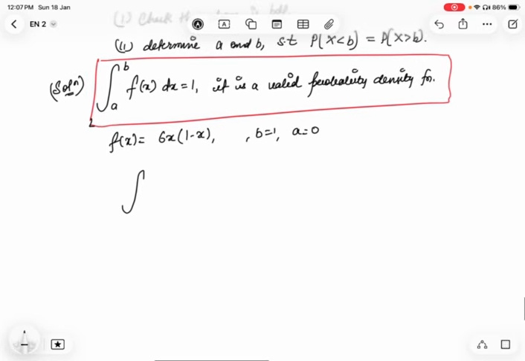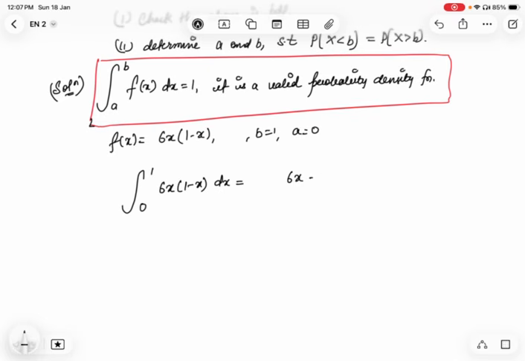So just take the integral from 0 to 1 of 6x(1 minus x) dx. You should know about integration. You have studied differential and integral mathematics in your bachelor's.